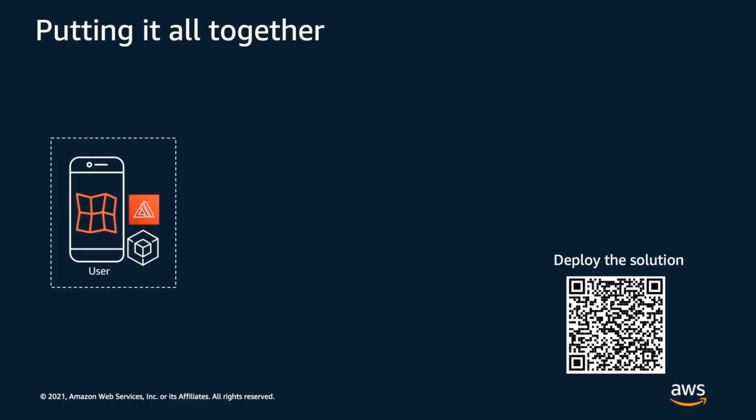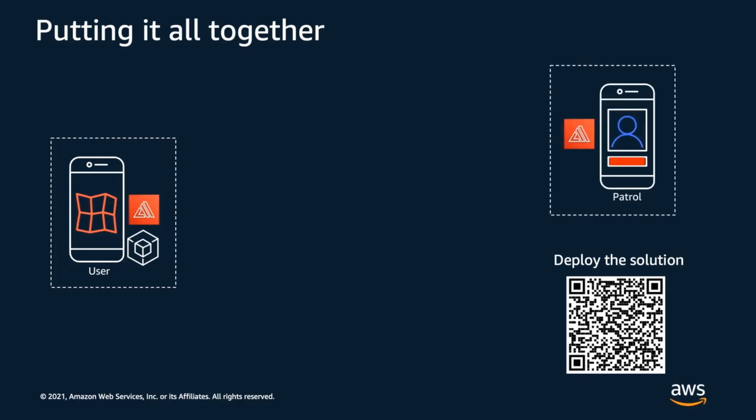We have two main mobile applications. We have the user application that is leveraging AWS Amplify and Amazon Location Service to communicate back to the AWS cloud. We also have the patrol application that has a list of users that are safe or not, marked in red and green. And it's also leveraging AWS Amplify to connect back to the AWS cloud backend.